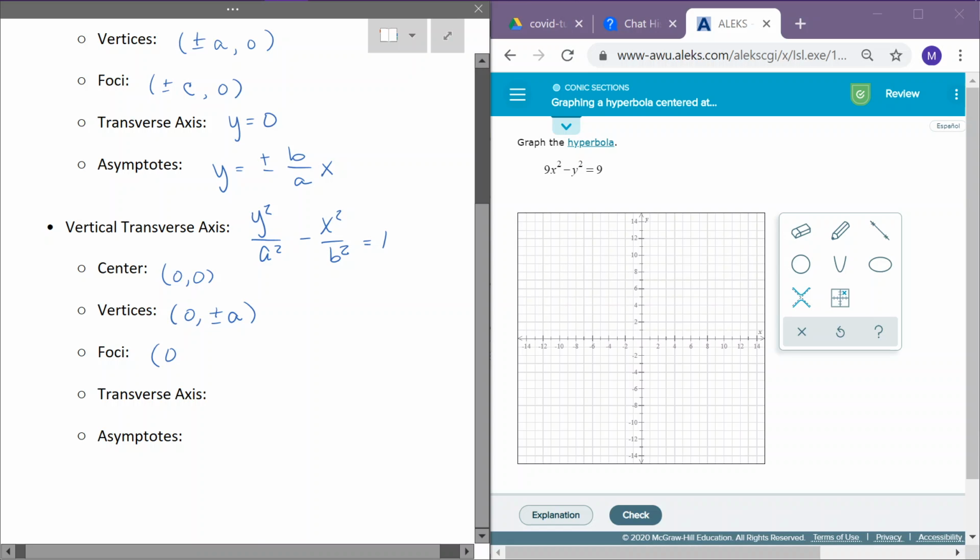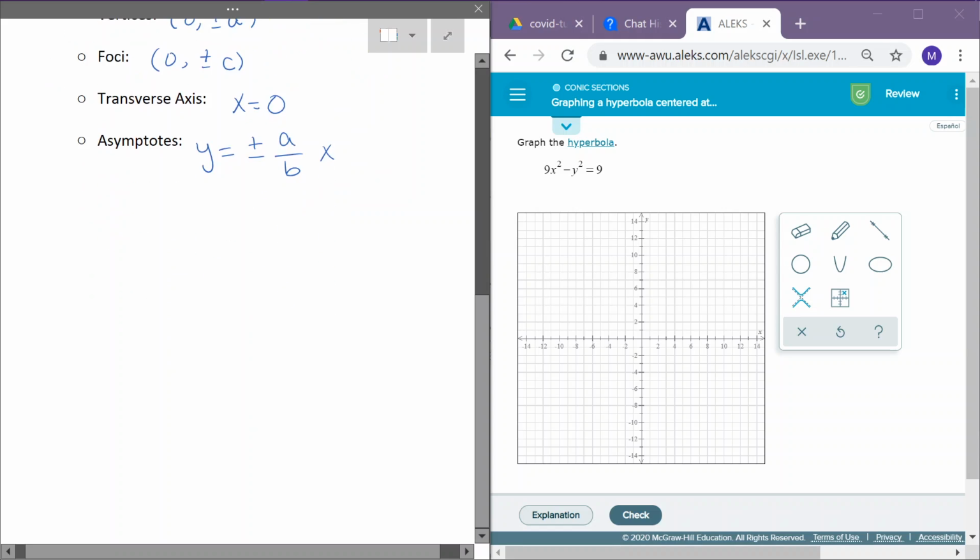Our foci, 0, comma, plus or minus c. Our transverse axis, because this is vertical, is going to be x equals 0. And our asymptotes are going to look like y equals plus or minus a over b times x.